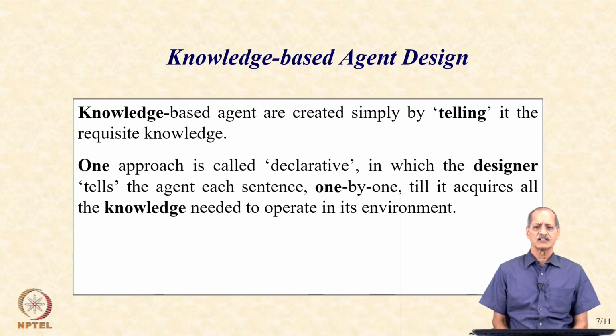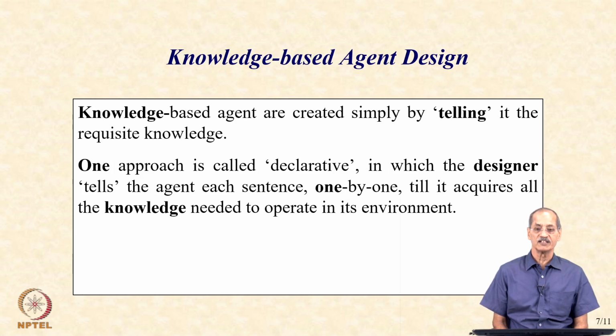So, there are two different schools of thought in creating these kinds of agents. One approach is typically called declarative, in which the designer tells the agent each sentence one by one till it acquires all the knowledge needed to operate in its environment.